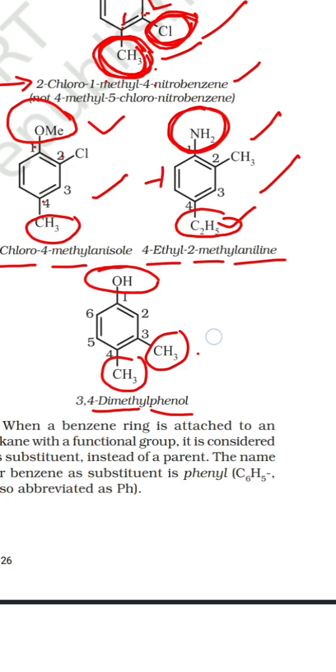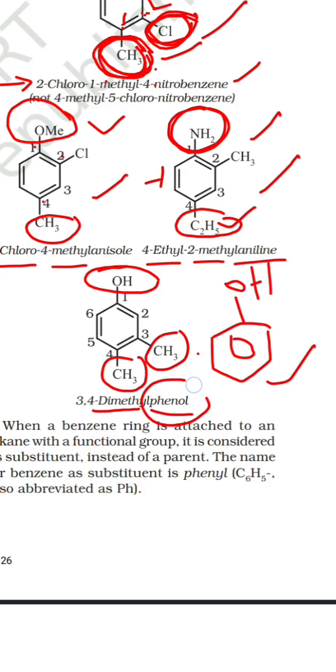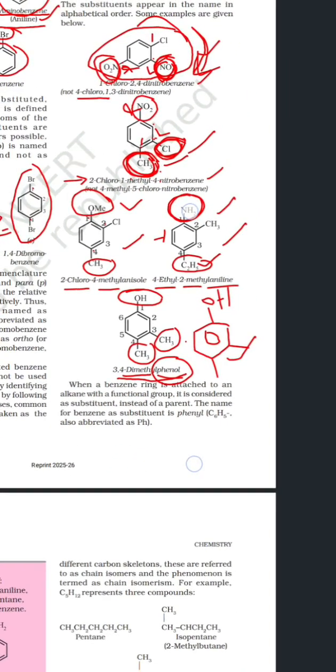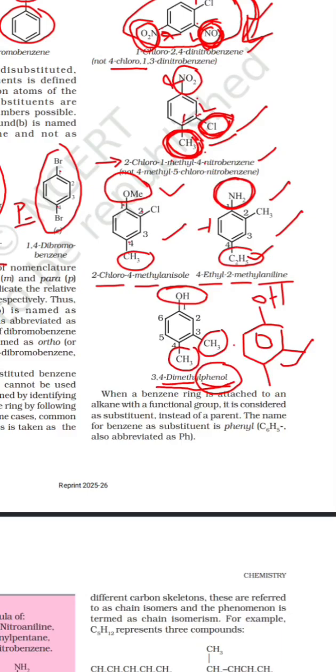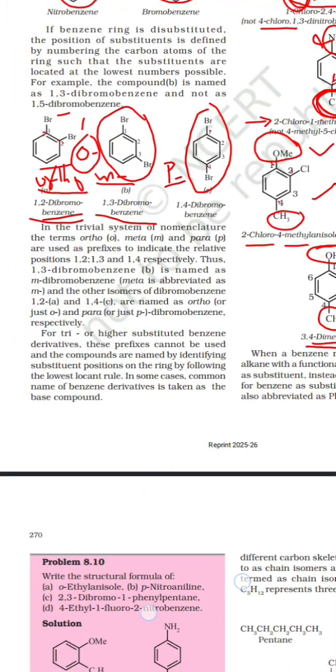If on a benzene ring an OH group is there, that is called phenol. So on this phenol ring, here a methyl group is there, here a methyl group is there. So 3,4 dimethyl phenol is the name of the compound. That is how for benzene compounds we should give the names.